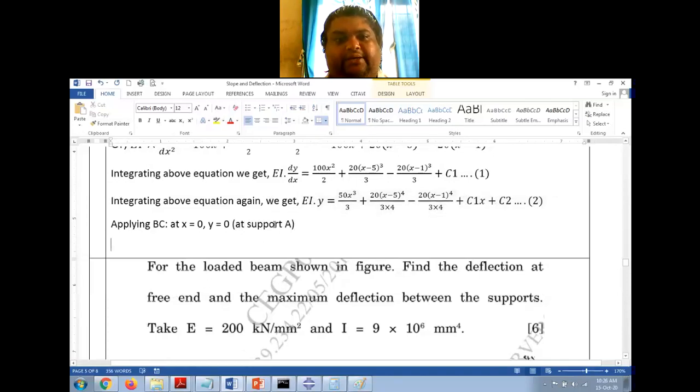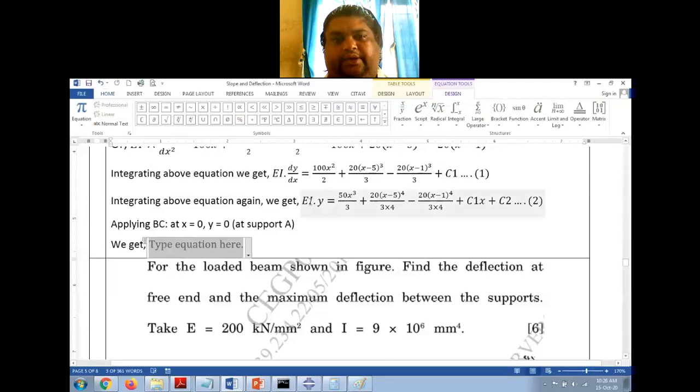So what will I get? We get EI into 0. So that will become 0 is equal to this term will be 0 because there is x and x is 0. 0 minus 5. Like I said yesterday, any term in the bracket, if it is 0 or negative, you have to drop it.